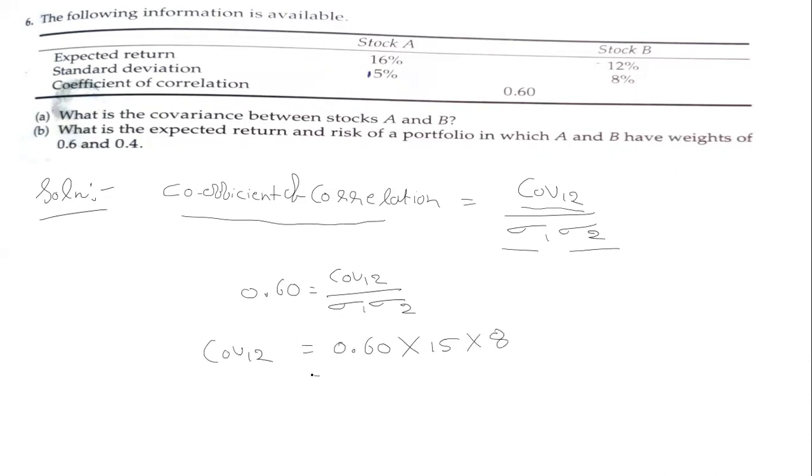Okay, so the covariance between both the stocks is 72. Now let's calculate the second question. What is the expected return and risk of a portfolio in which A and B have weights of 0.6 and 0.4? So 0.6 is invested in A and 0.4 is invested in B.